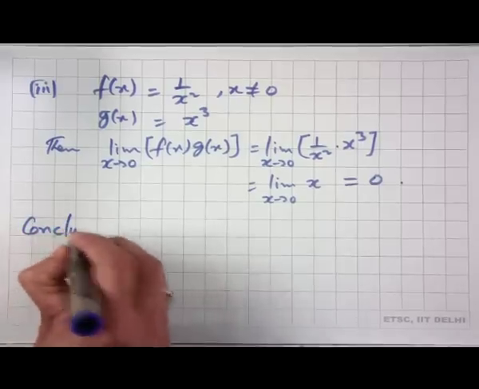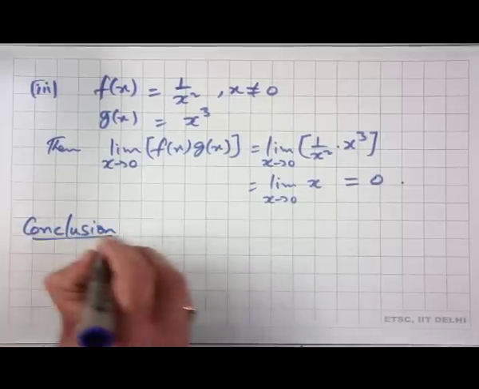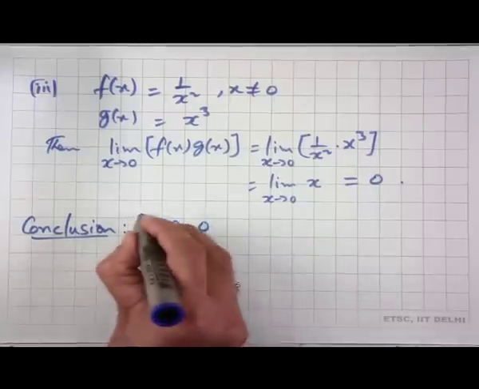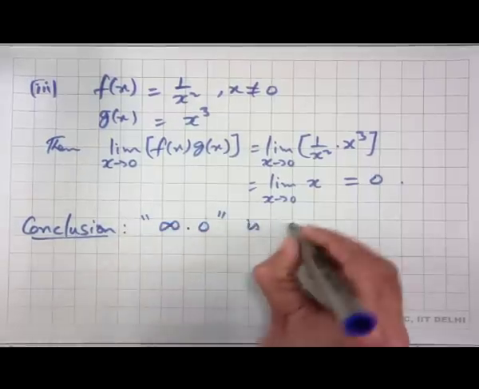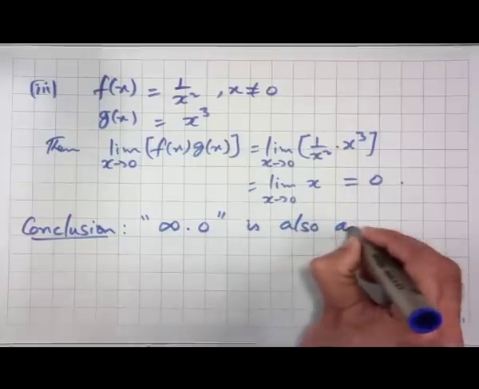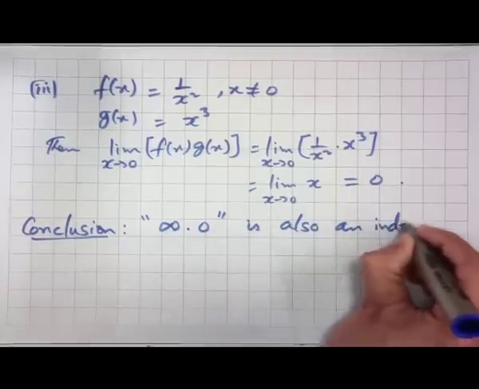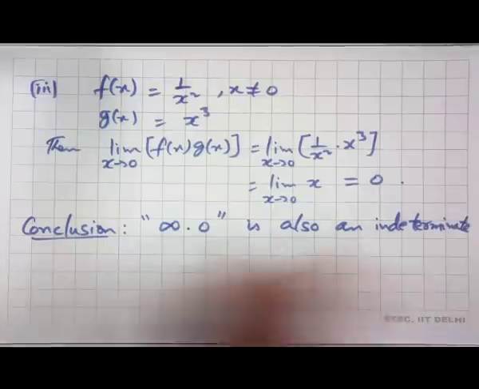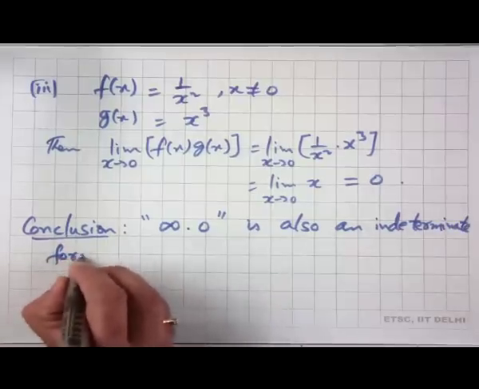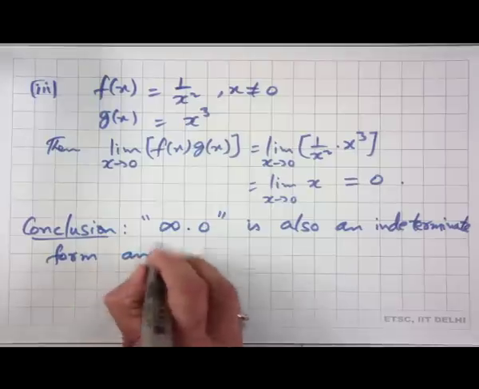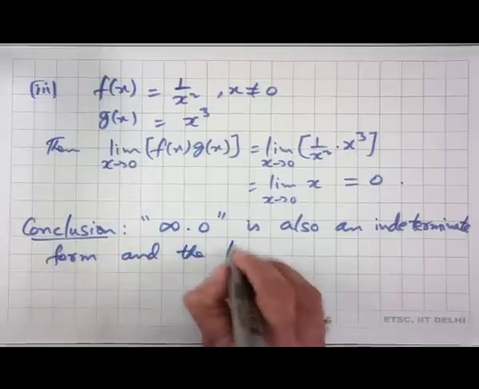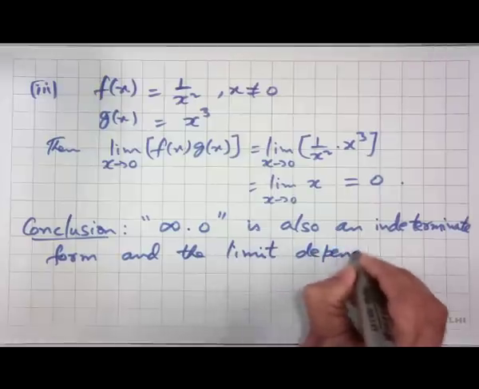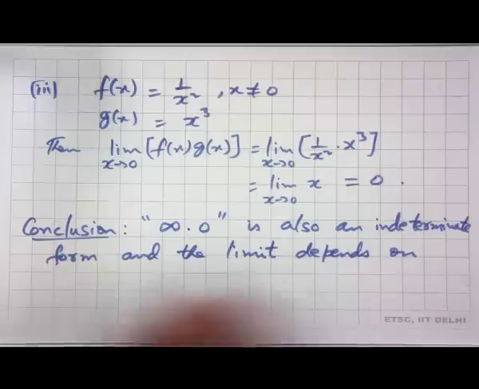Conclusion: infinity times 0 is also an indeterminate form, and the limit depends on the problem.